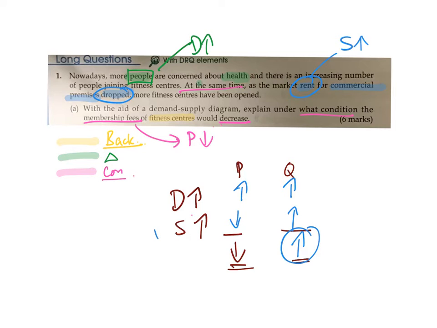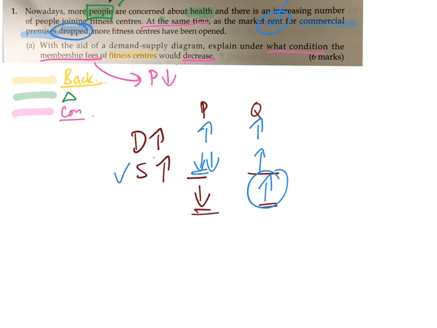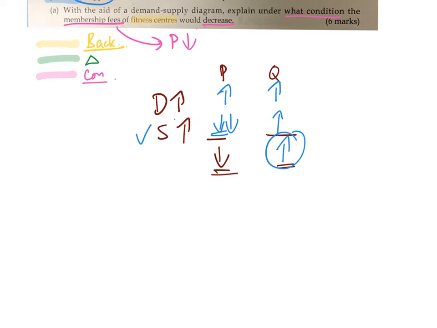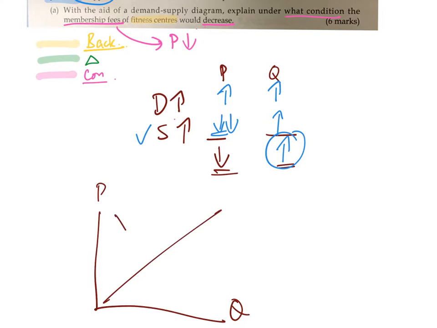So the winner is supply, right? Supply has the greater change, so the winner is supply. After this analysis, we can draw the diagram with a greater change of the supply. S1, D1. Supply increases, shifting to the right, S2, with a greater distance.